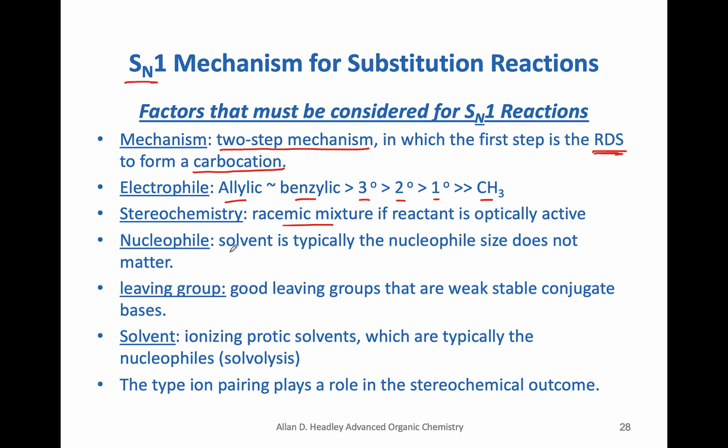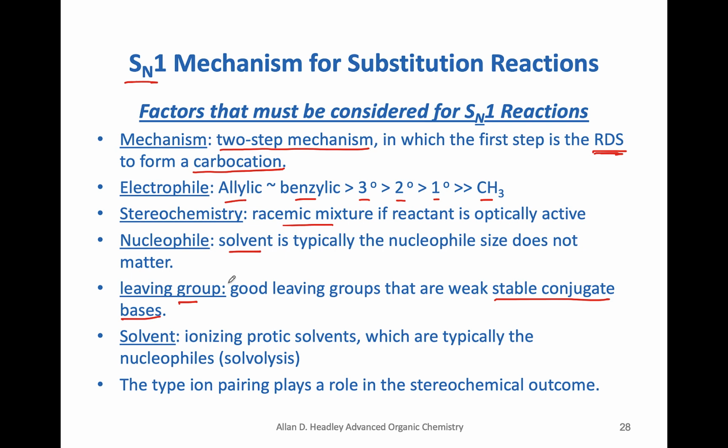Nucleophile: the solvent is typically the nucleophile. Leaving group: a good leaving group is one that results in a weak conjugate base. So you can determine a good leaving group by looking at the stability of that leaving group, which is reflected by the strength of that base.